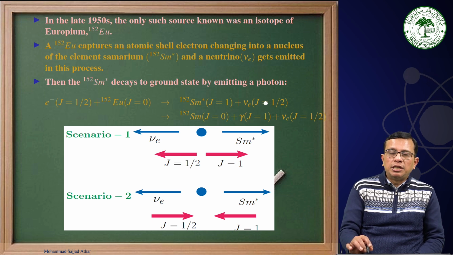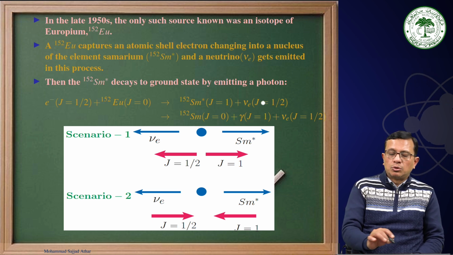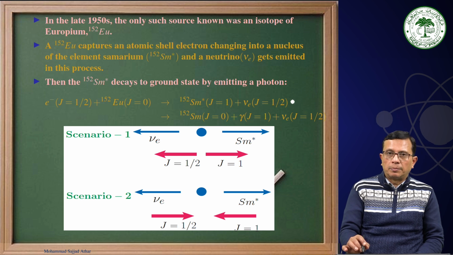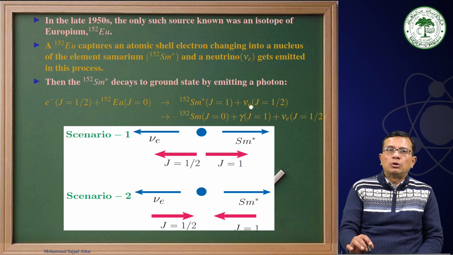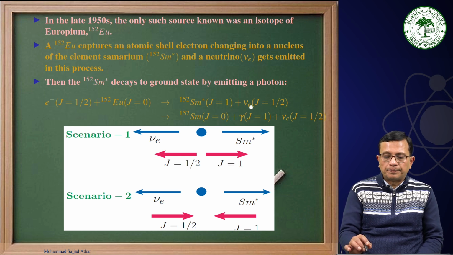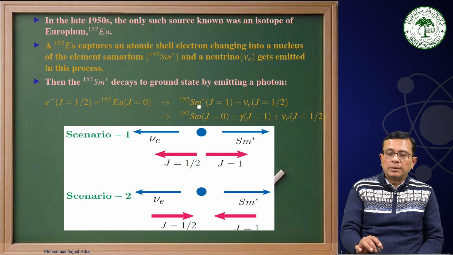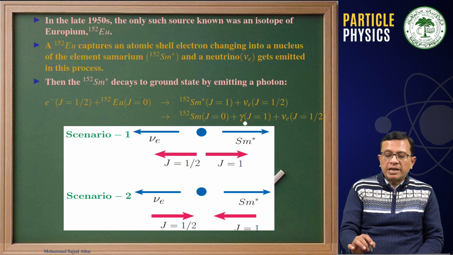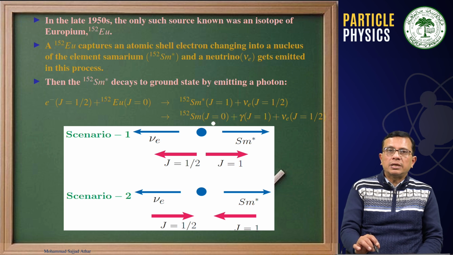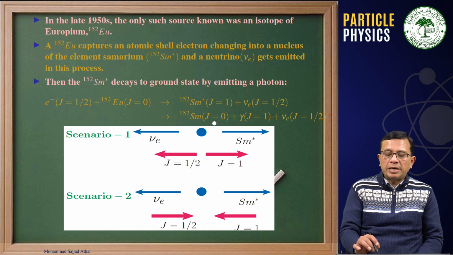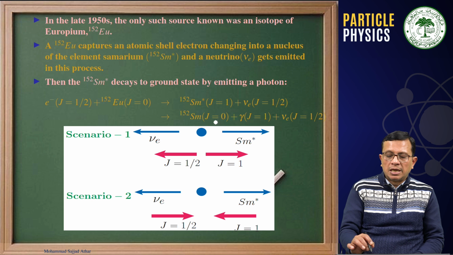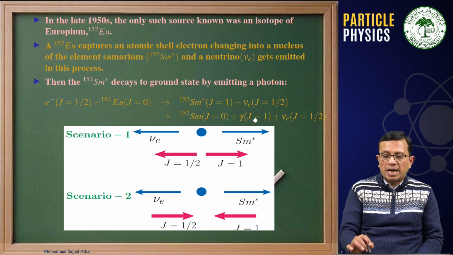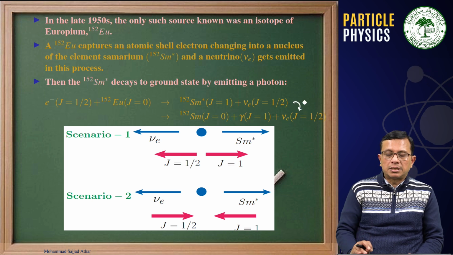Besides that, a neutrino is emitted to conserve electron-lepton number, and we know that neutrino is a spin half particle. Now, this samarium goes down to the ground state by emitting a photon, and this ground state is an angular momentum 0 state, and the photon is carrying that angular momentum, and the neutrino was emitted as we have discussed.